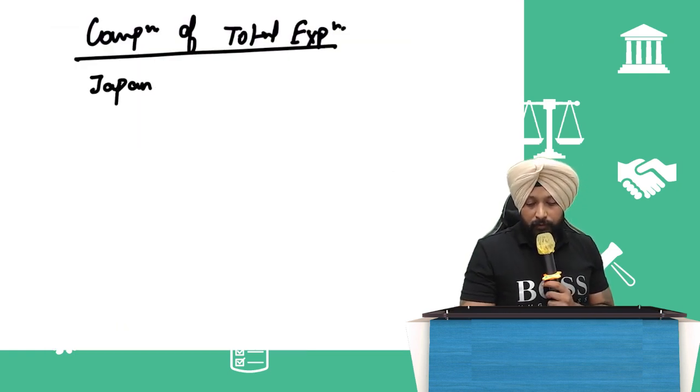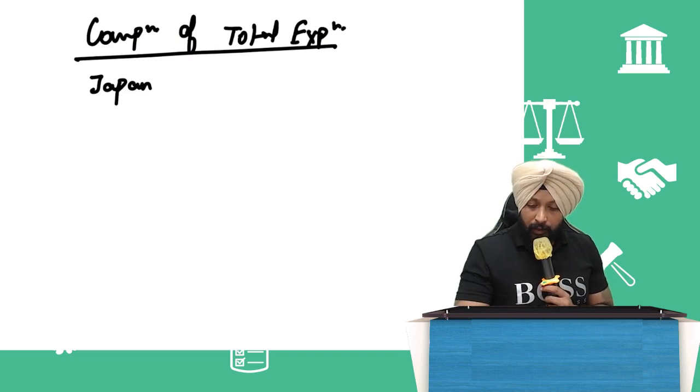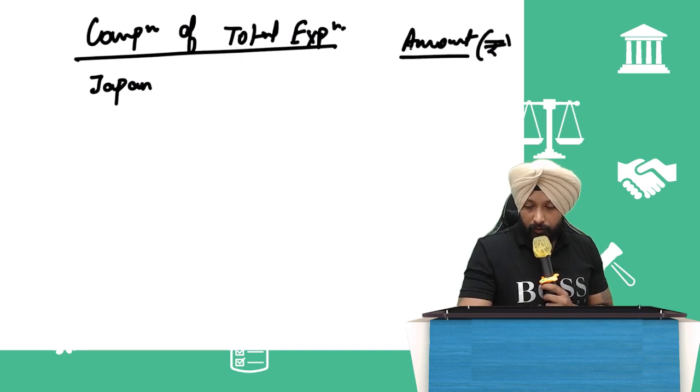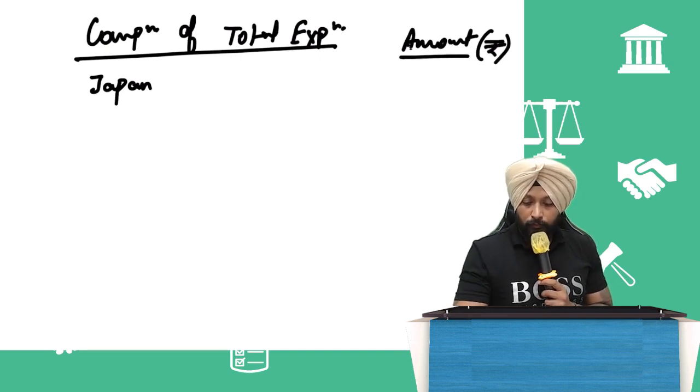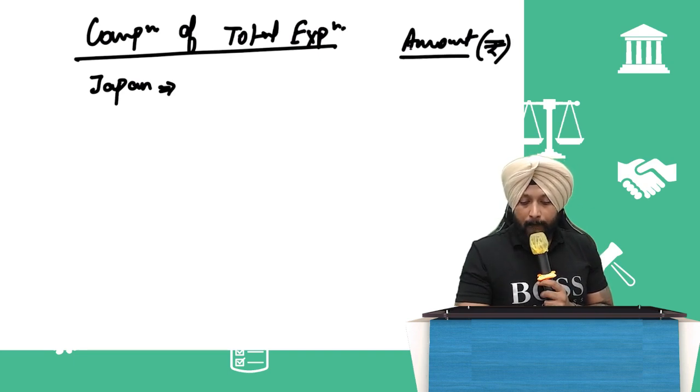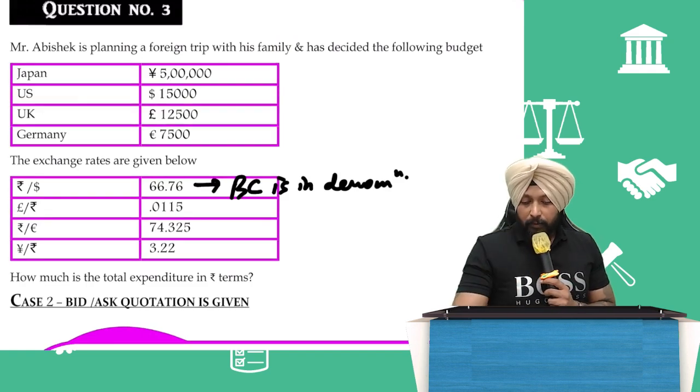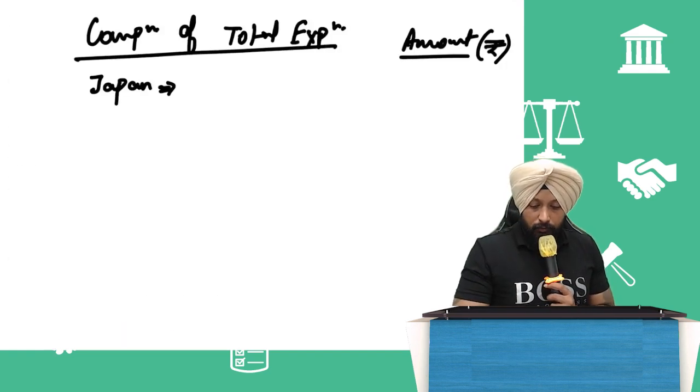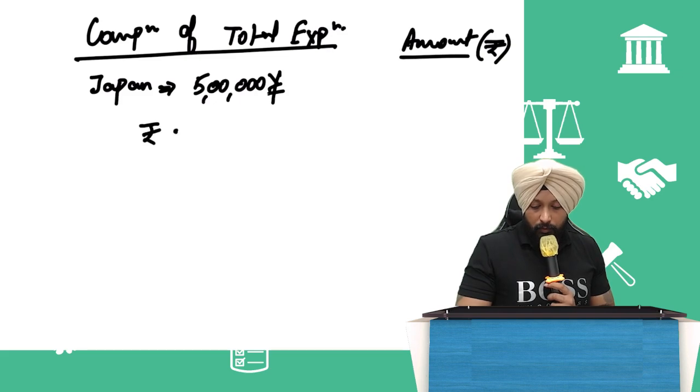We start with Japan, and the amount we are calculating, we need to calculate in terms of rupee. Japan budget is how much? Yen 5 lakhs. Rupee equivalent amount.